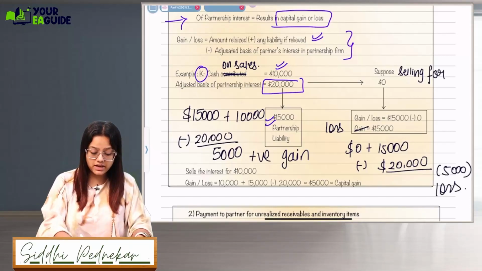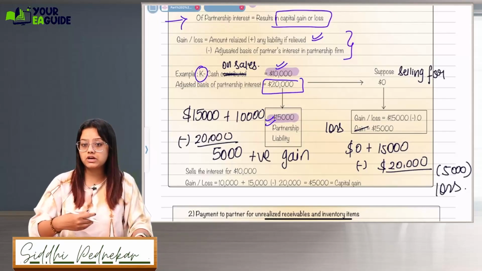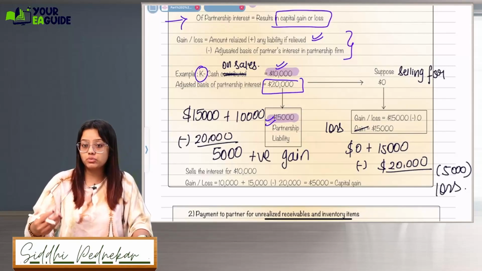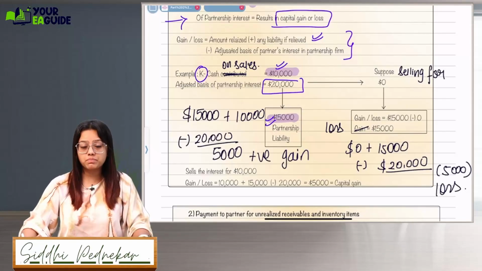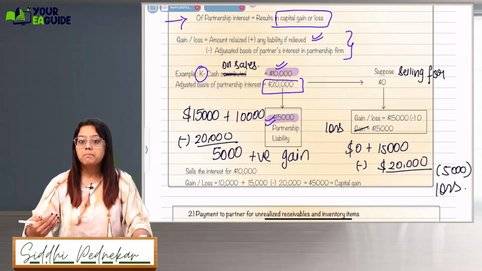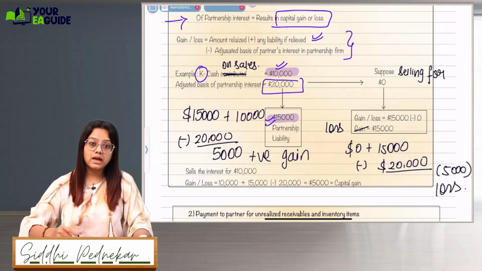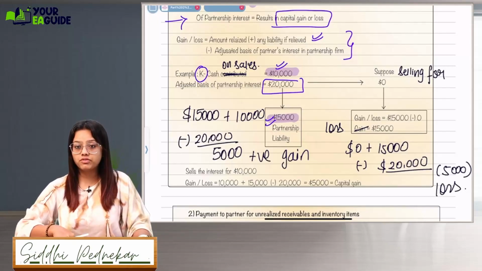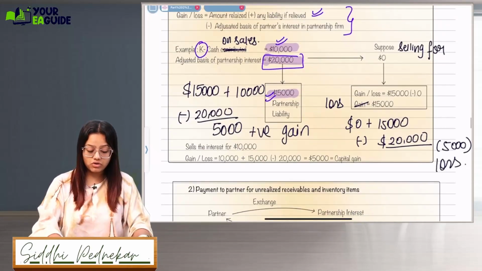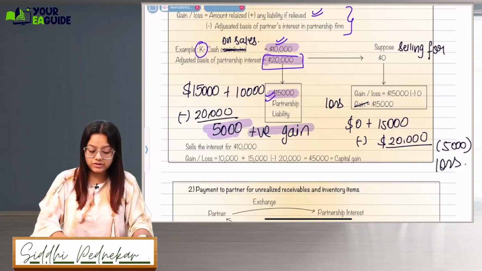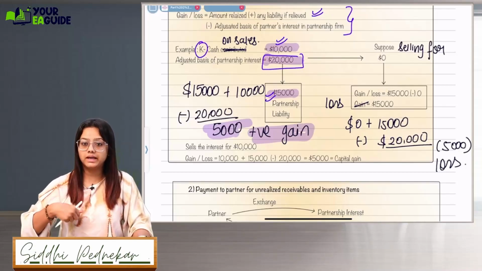He realized 10,000 and also 15,000, because now his liability will be assumed by the new partner who is purchasing this interest, right? So 10,000 plus 15,000 minus the adjusted basis of that partner in the partnership firm, that is 20,000. So you add 15 plus 10 minus 20, that comes to 5,000. If it's positive, it will be a gain.